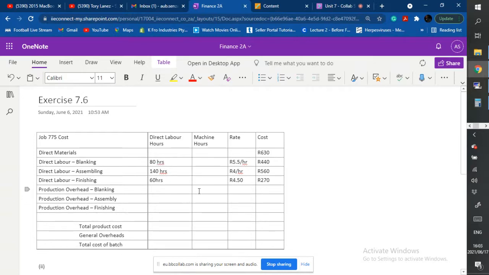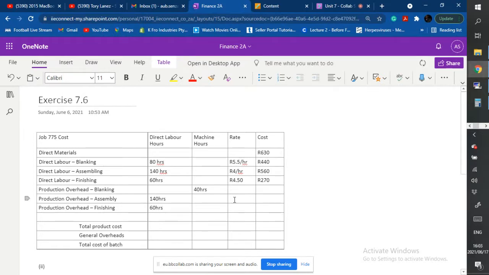Okay, so here now, we are going to plug this in here for blanking, 40 hours, and the rest we know is direct labor. So this one is 140 hours, and here 60 hours.